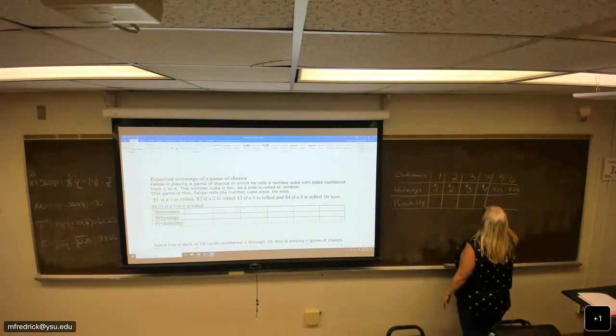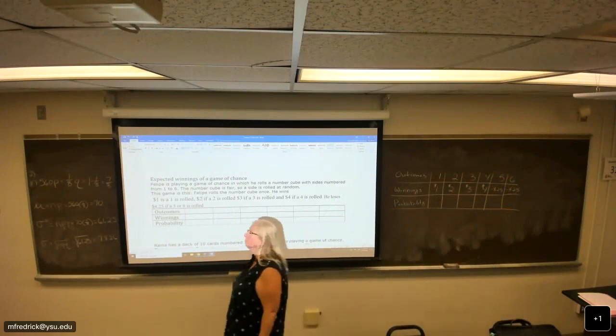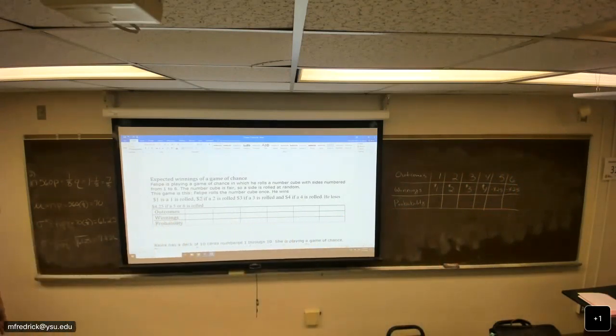What's the probability of rolling a 1? 1/6. What's the probability of rolling a 2? 1/6. As long as it's equally likely, and it said it was a fair die, they're all 1/6.